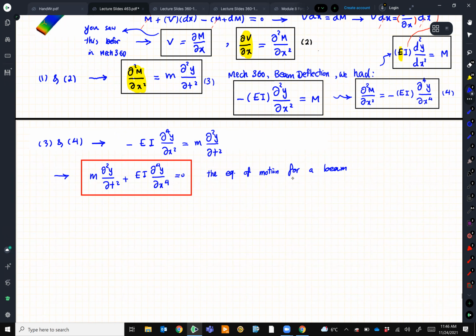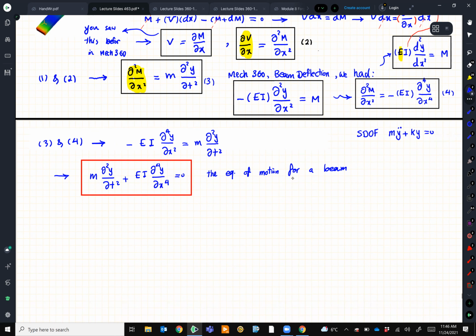And always, as I explained on Monday, for what we did with a string, try to see if there is any analogy between this one and a single degree of freedom system. In a single degree of freedom system, you had m y double dot plus k y equal to 0, if you had only one mass with a spring.